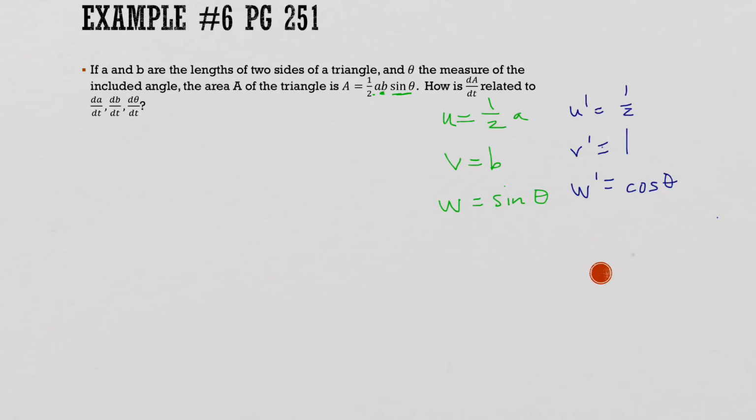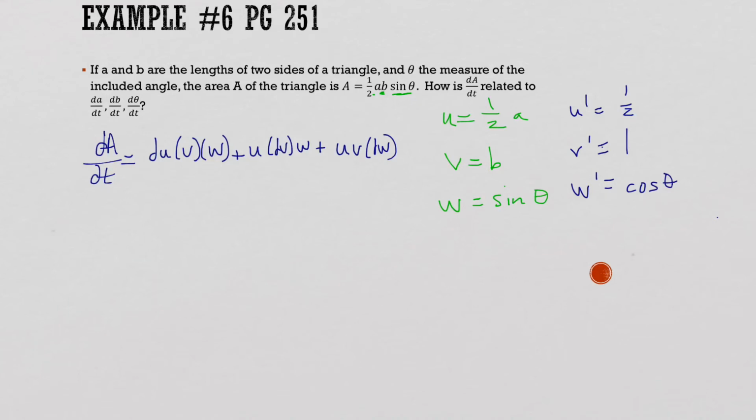So we know everybody essentially needs to be multiplied by everybody else. So this is going to become dA dt equals du times v times w plus u times dv times w plus uv times dw.